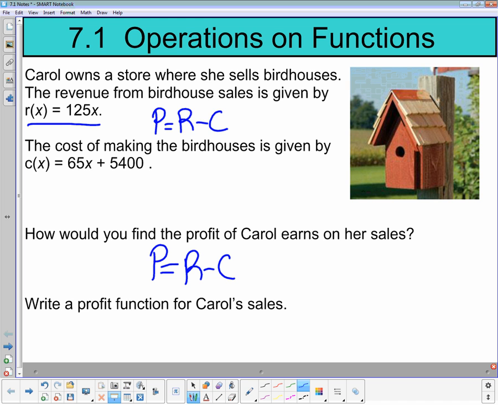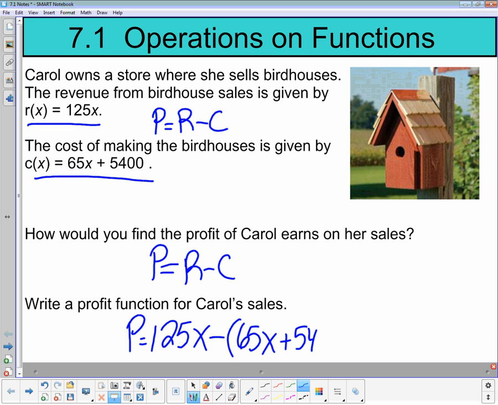So we have P is equal to 125x, and we're subtracting our C of x, which was 65x plus 5,400. Notice that I put this in parentheses because we're subtracting the whole thing and not just the 65x.